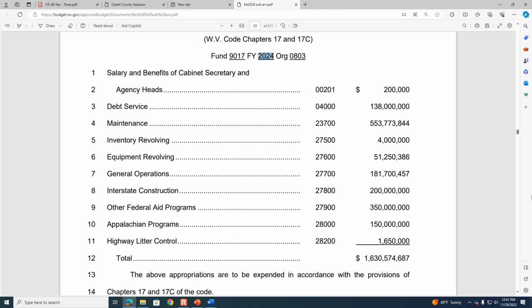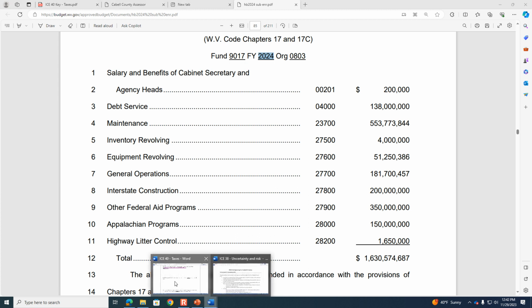They also have some special funding that's come in for the bipartisan infrastructure law. 2 years ago, there was a big $550 billion investment that was made in refurbishing infrastructure in the United States, and a portion of that will come to West Virginia, but that's not their operating budget. This is their operating budget.